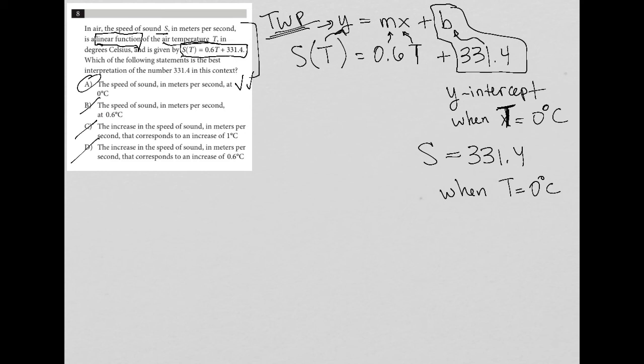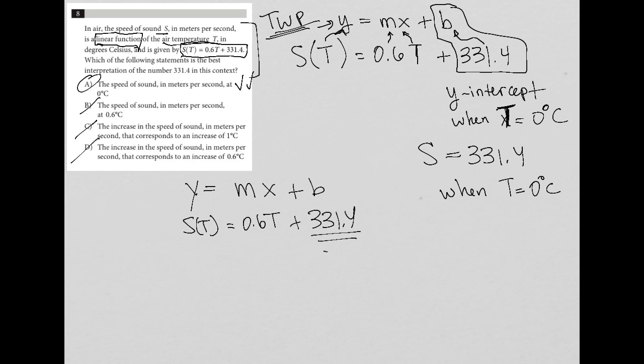And you can even see that by habit, I made sure to write both of these things stacked on top of each other, right? Y equals mx plus b, and S of t equals 0.6 t plus 331.4. Right, so visually that helps me to just see where everything matches up. So when the question points out the 331.4, I'm already in the right frame of mind to think about what it actually means.